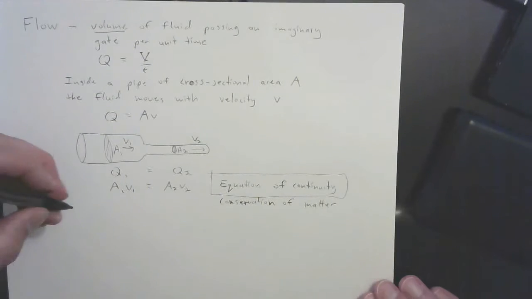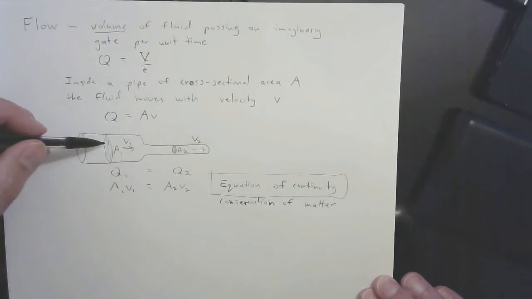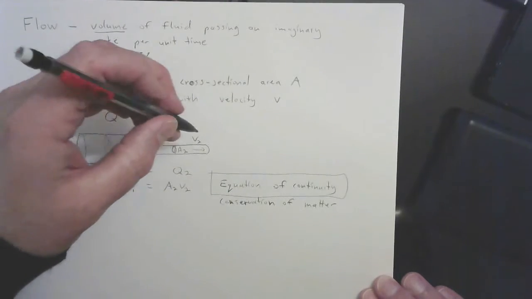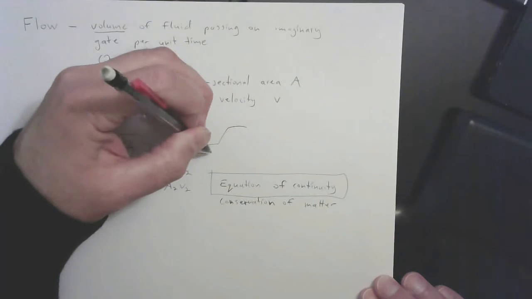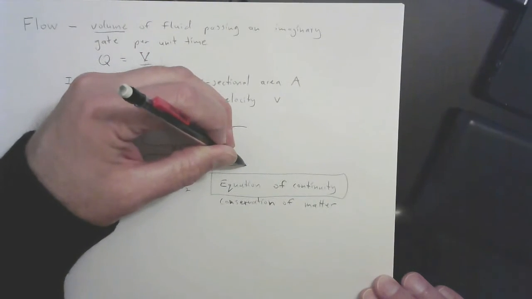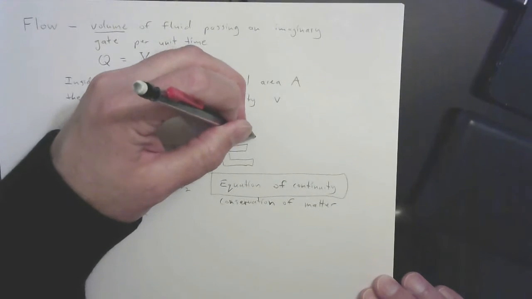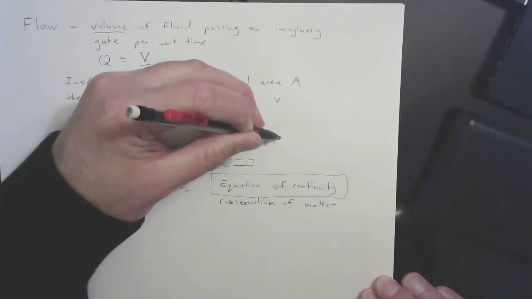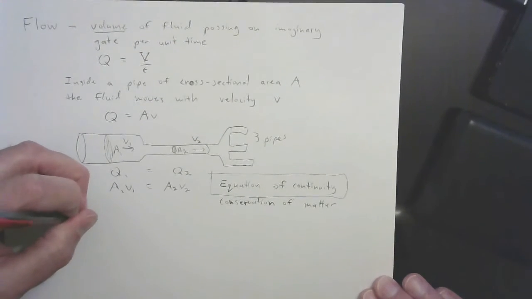Another subtlety here: if that pipe split off into more pipes, like 3 pipes over here, what you do is you put an N in front.